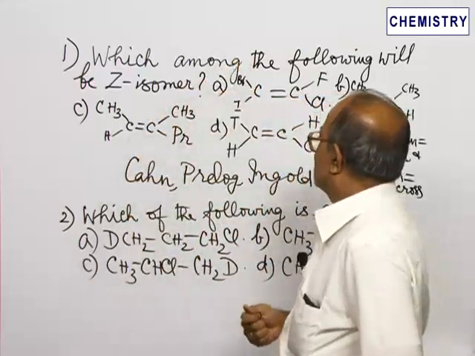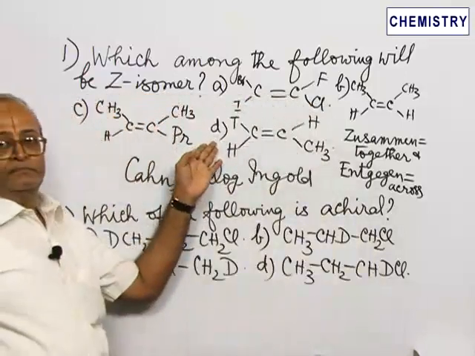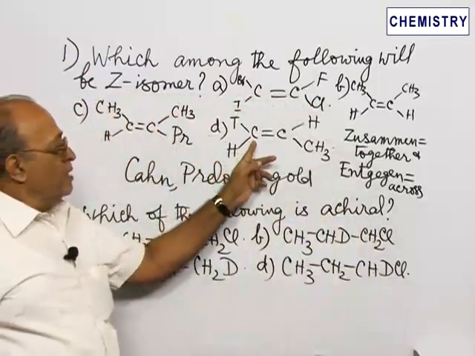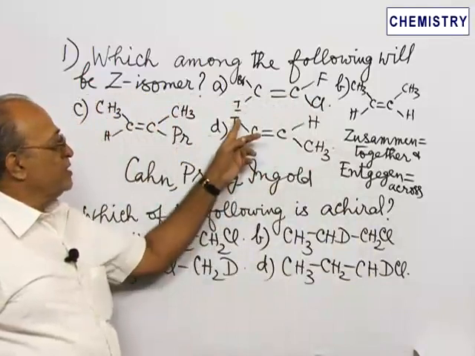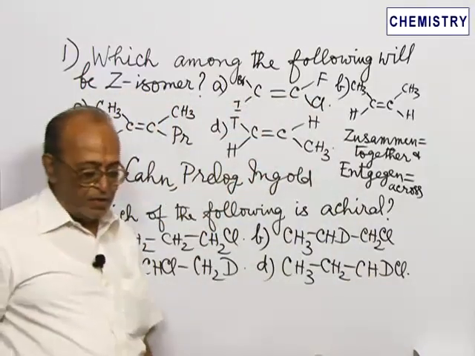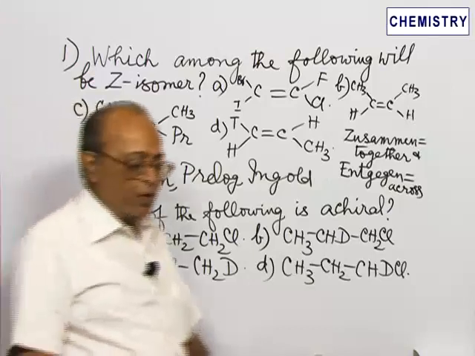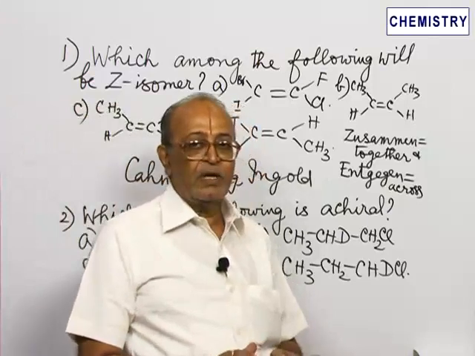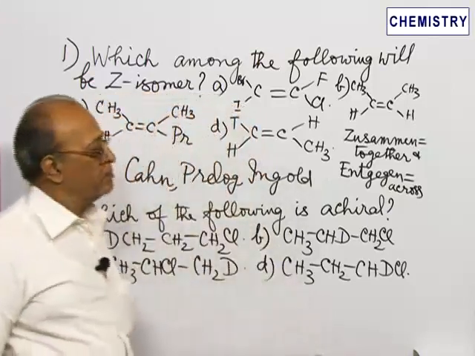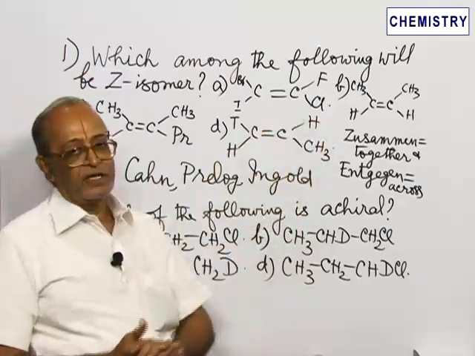Any case we can choose, say D. To this carbon, hydrogen, and this is tritium. Strictly speaking, the sequence rule starts with higher atomic number. Here, carbon CH3 and H.